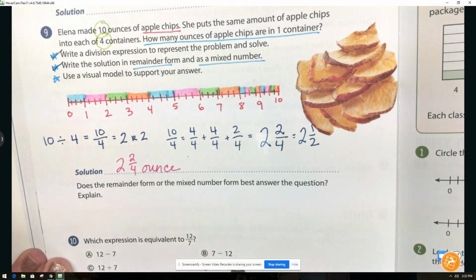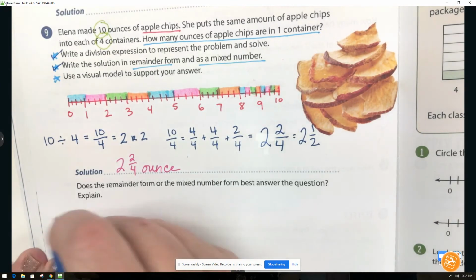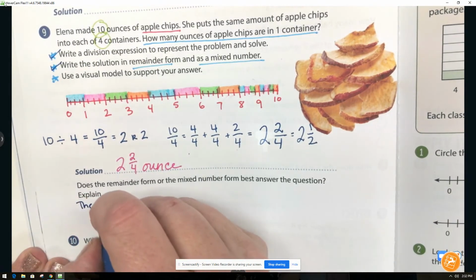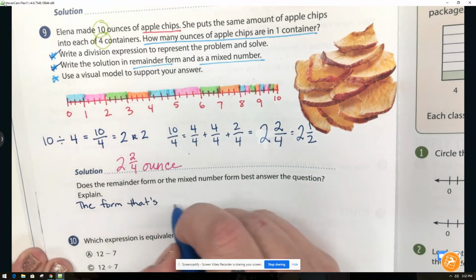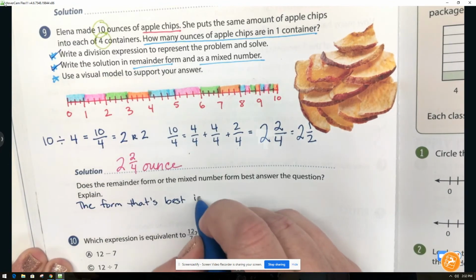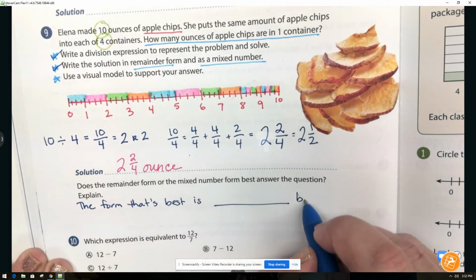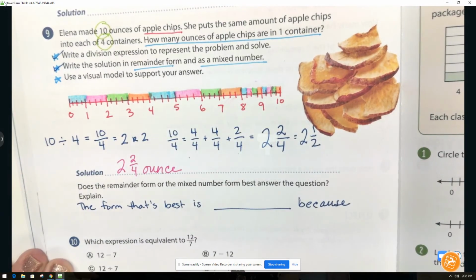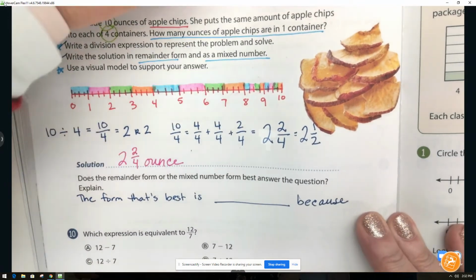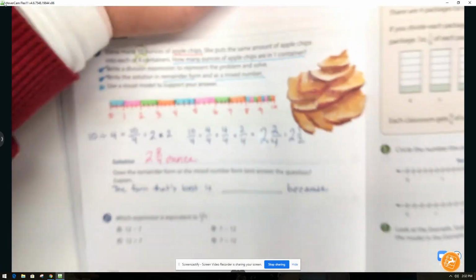Go ahead and say the form that's best is... Tell me the form and then tell me why. Go ahead and do that now. And then when you're done, we're going to go to number 10.